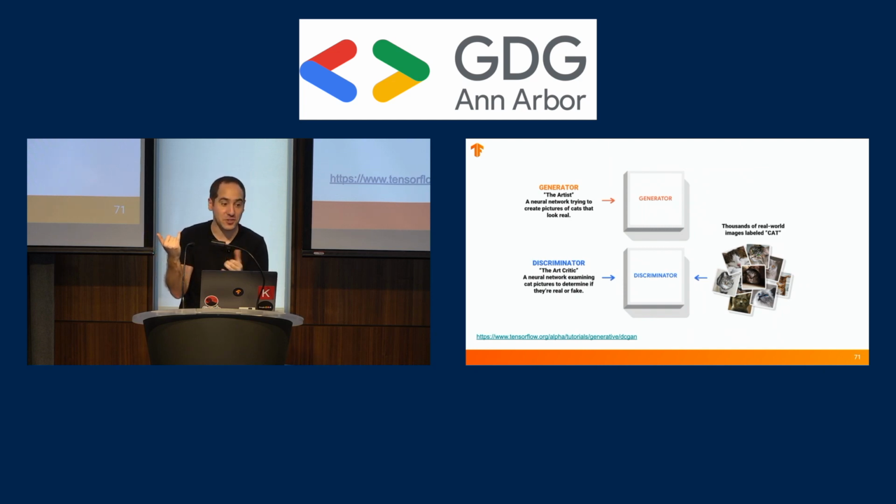And that tells us how to adjust the variables in the generator very slightly to fool the discriminator slightly more at the next iteration. So the next time the generator generates an image, it looks slightly more cat-like, but the discriminator still says it's fake. But if we train these models in parallel for a very long time, eventually they stabilize, and we get to the point where the discriminator can no longer say if a generated cat is real or fake. And then at that point, we have an image generator.